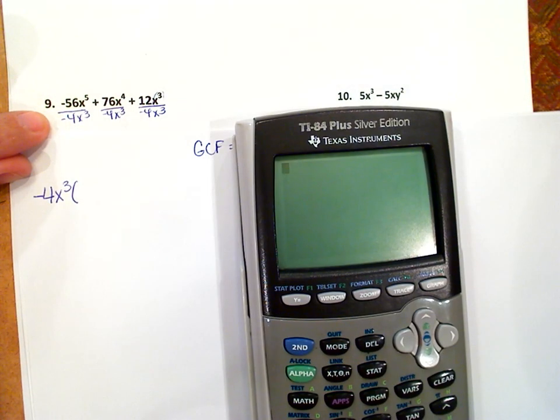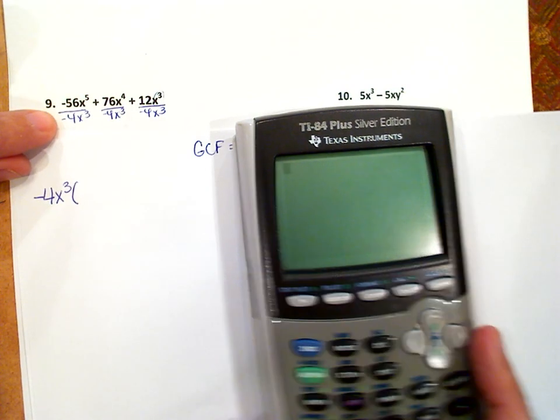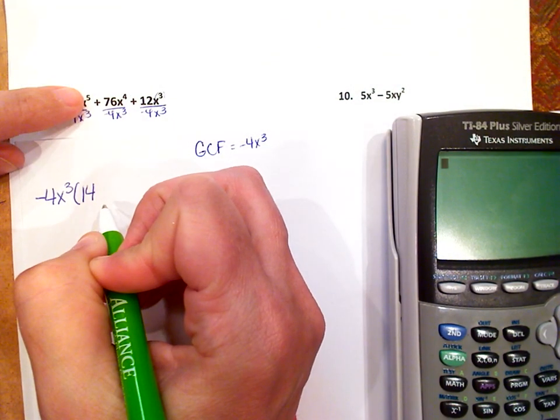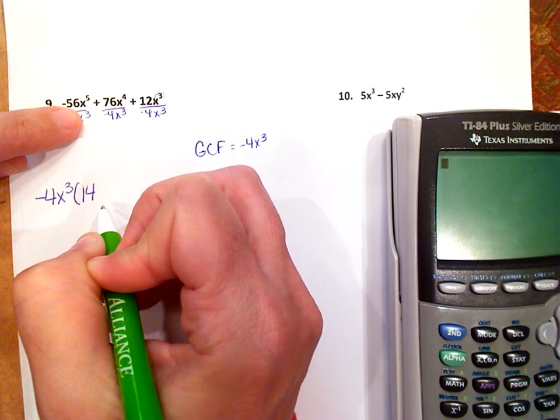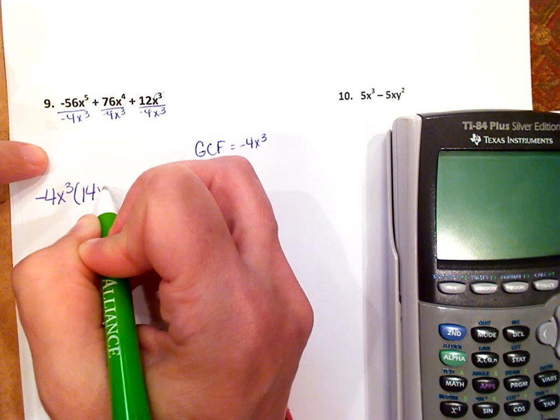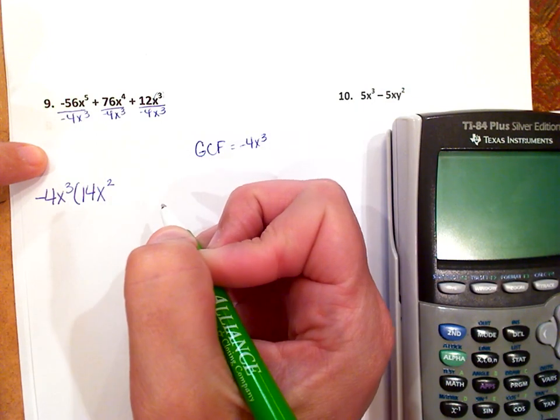So in your calculator, you're going to do negative 56 divided by negative 4, which is 14. And then you subtract your exponents, or you can think of it as you're taking 3 x's away from that 5, so that leaves you with x squared.